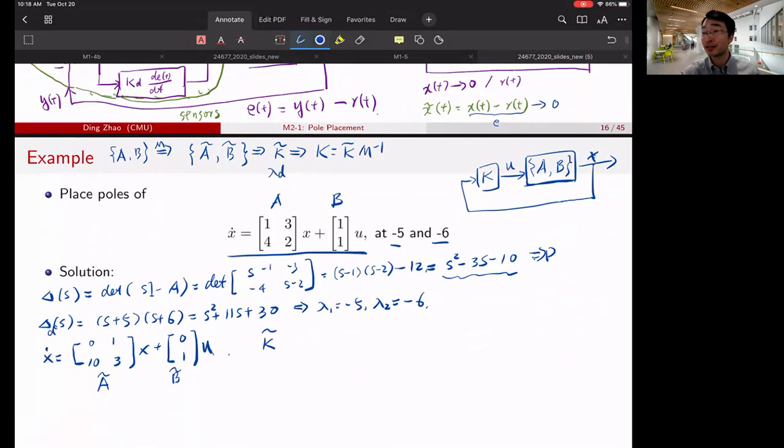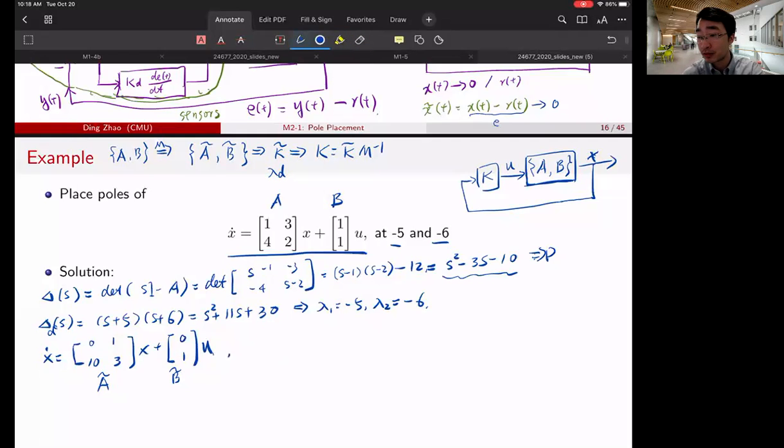So now we got A tilde, B tilde. We can directly design the K tilde. The K tilde is actually quite easy to compute. Let me see. Before that, I think we also need something else.